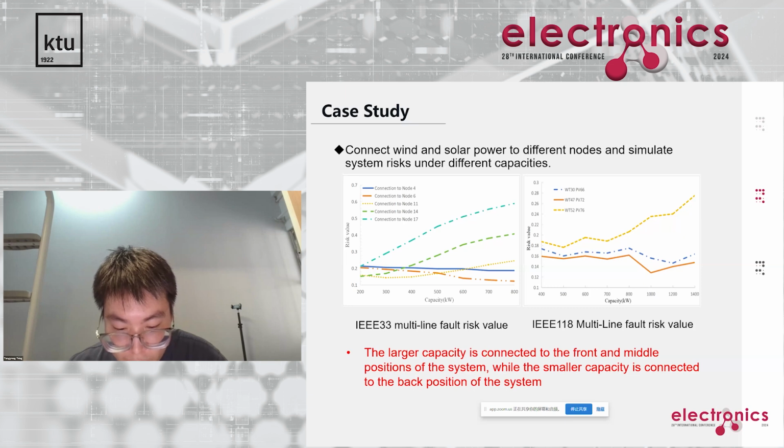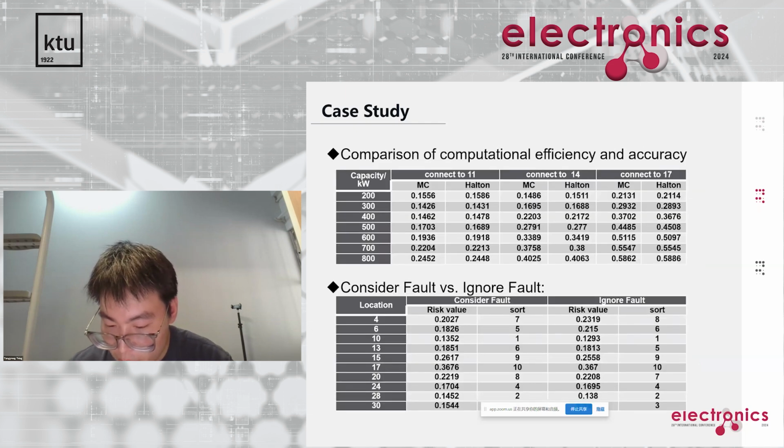To verify the efficiency and accuracy of the Halton sequence, Monte Carlo is used as a comparison. Wind turbines and photovoltaics with capacity ranging from 200 kilowatts to 800 kilowatts are connected to nodes 11, 14, and 17.